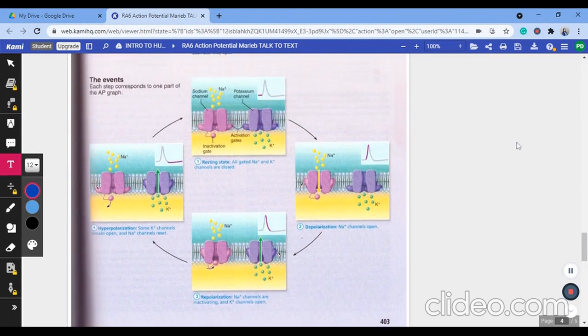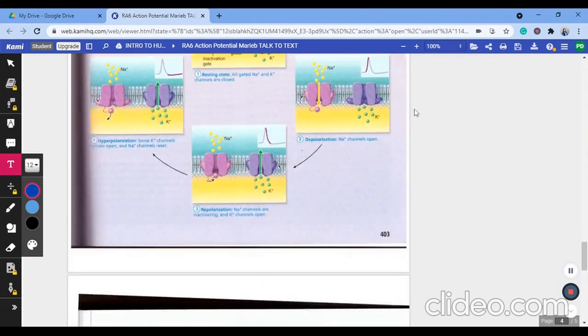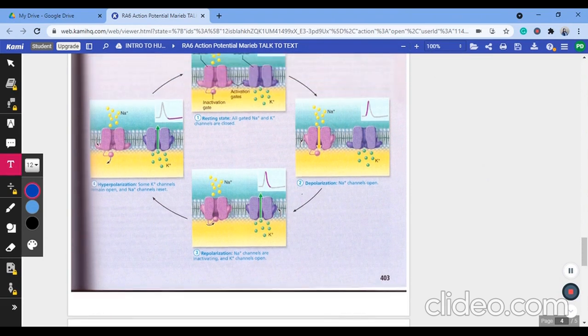So during the resting state, all gated sodium and potassium channels are closed, but during depolarization, the sodium channels open, and during repolarization, sodium channels are inactivating and potassium channels open. And during the last phase, which is hyperpolarization, some sodium channels remain open, some potassium channels remain open, and sodium channels reset.